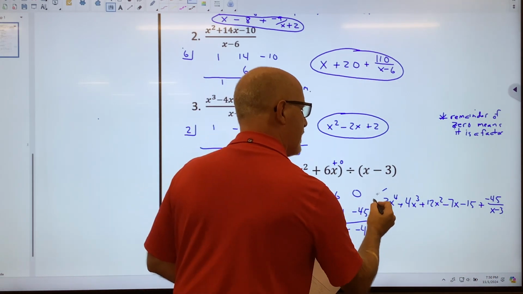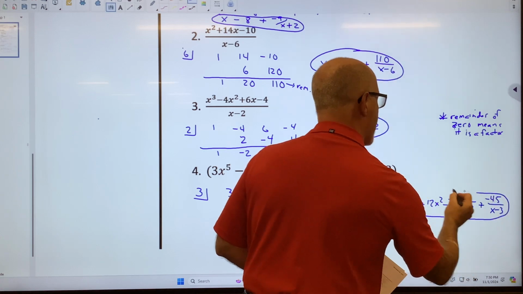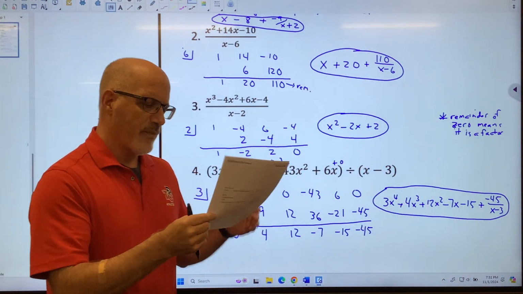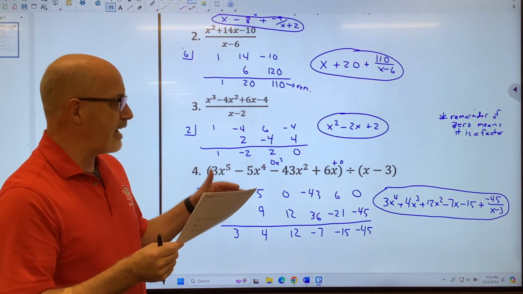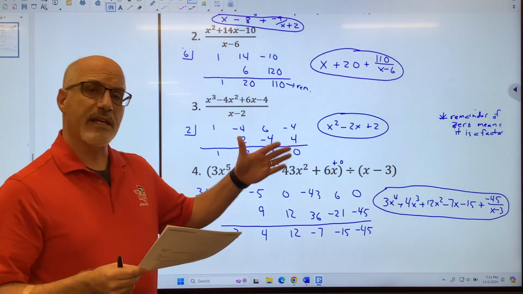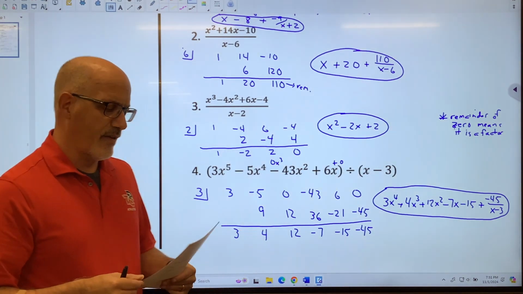So I get a really big answer here, but it comes a lot faster than using the polynomial long division, and also I have the advantage of probably it being more accurate because I'm adding down as part of it.